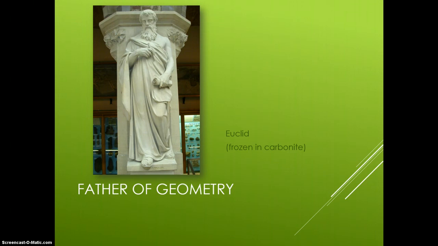So he did this 2,000 years ago without really any modern technology, and he was able to do it just fine. I have absolute faith that if he can do this, then you should be able to do the same. Here he is, I believe this is in front of a building in Britain, where his body was frozen in carbonite, and he looks down upon us all to this very day.